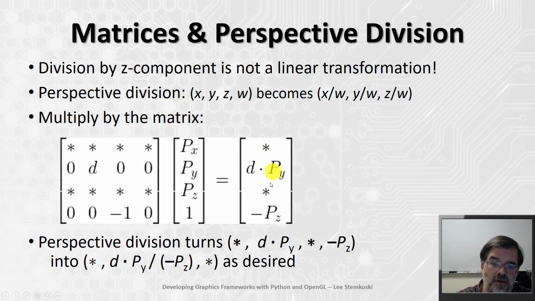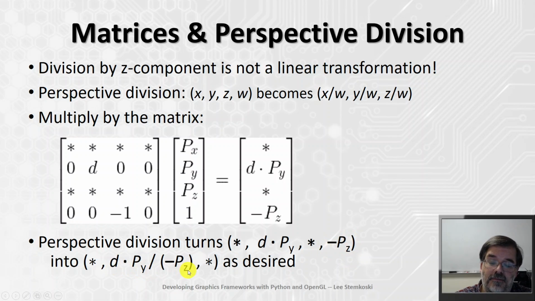And we don't know what the first and third coordinates are because we don't know what the first and third rows are. Then we get this point, and we do know that once perspective division happens, which is automatically handled by the GPU, this 4-component point will turn into this point. Right? Each one of these first 3 values is divided by negative PZ.